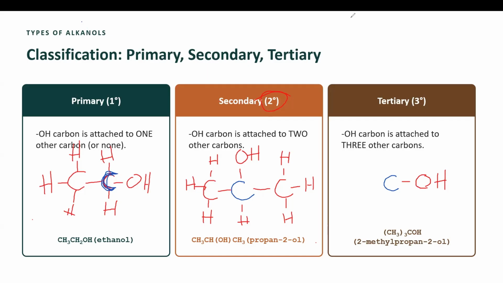Then when we say it is bonded to 3 other carbon atoms, that means it is at a junction. So let me show you. This is carbon. So let's call this CH3. Then this is another carbon. I'm writing it as CH3 so that it won't look too cluttered.